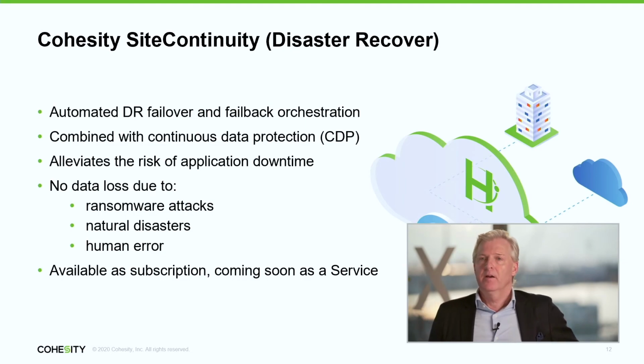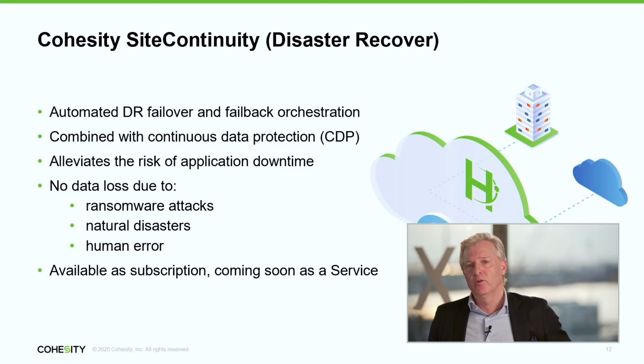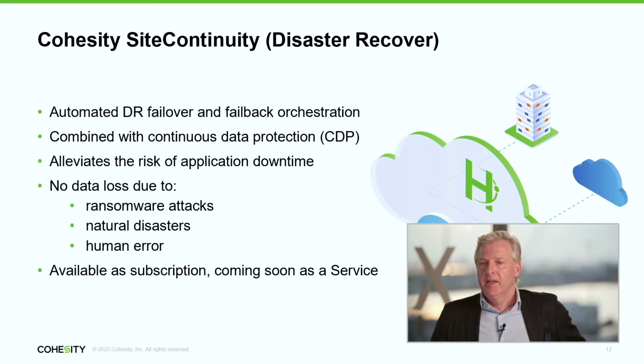So by using our fast instant mass restore capability and our continuous data protection, and bringing this into a runbook application, you can lay out, in case of a disaster, which servers you want to have up and running, etc. That's the functionality, the automation that we provide to our customers, which we have rebranded as site continuity. And with a lot of our customers today, we are discussing, they are coming to Cohesity to ask us to guide them and to build a disaster recovery plan together.